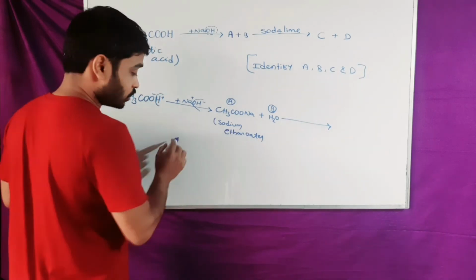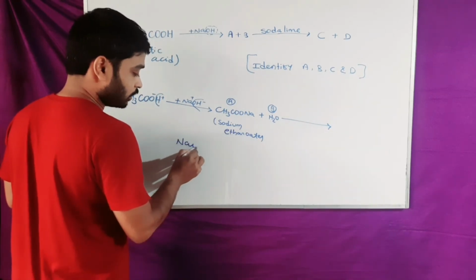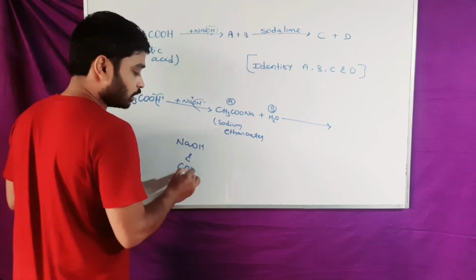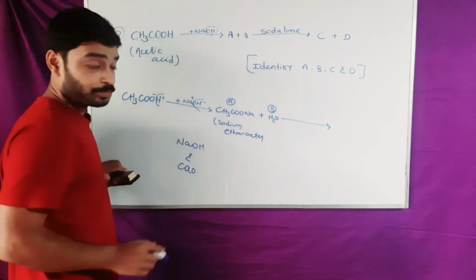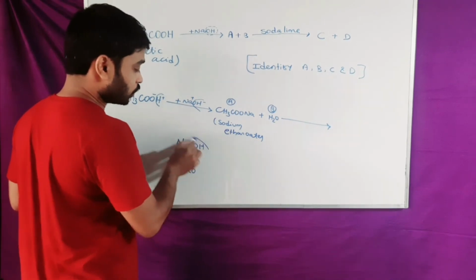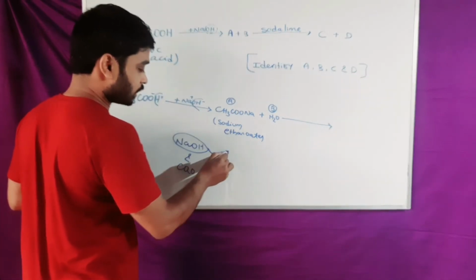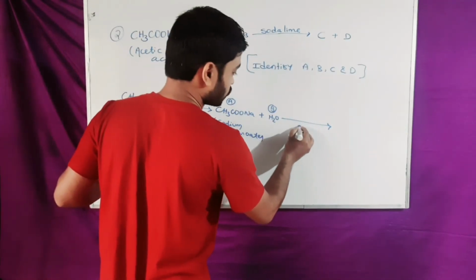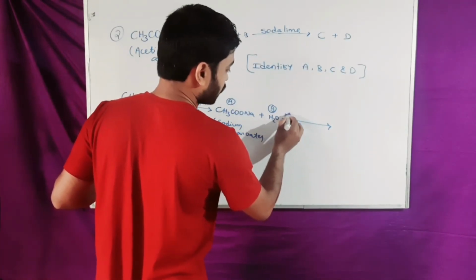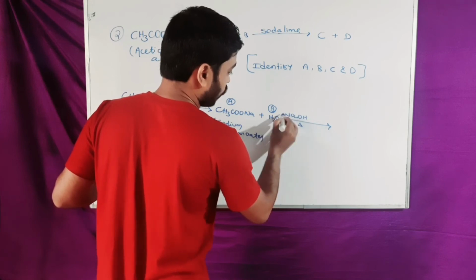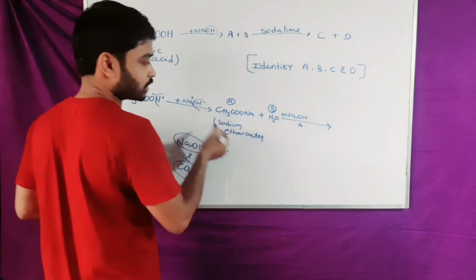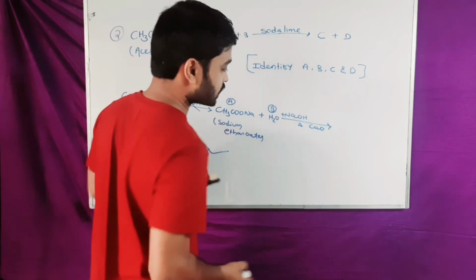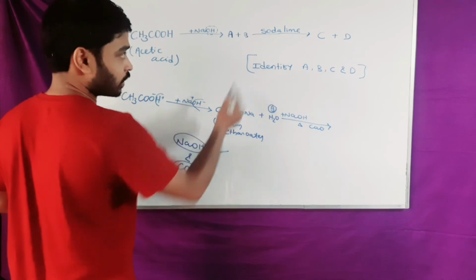You know that sodium hydroxide and calcium oxide together are called soda lime, and between them sodium hydroxide has the reactivity, and the calcium oxide catalyzes the reaction at mild temperature, where the sodium hydroxide reacts with the sodium salt of the carboxylic acid.